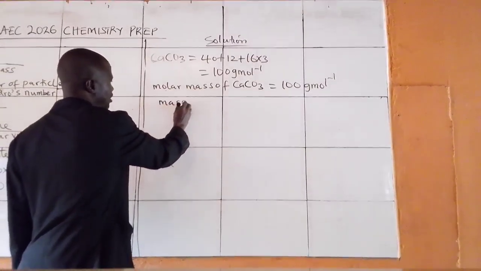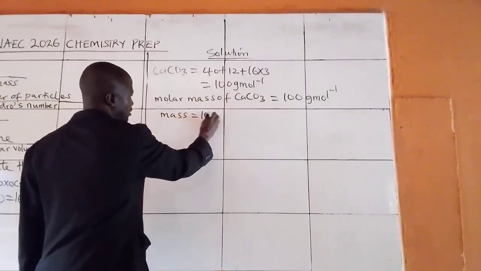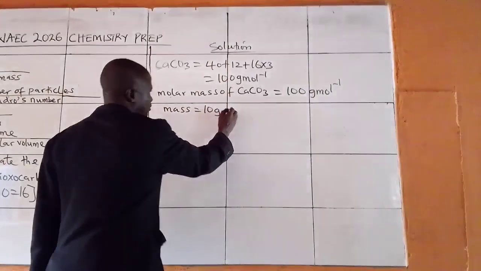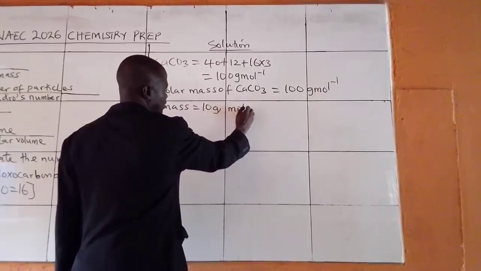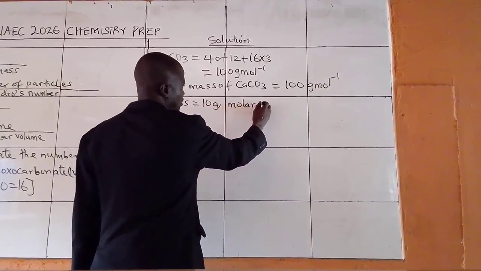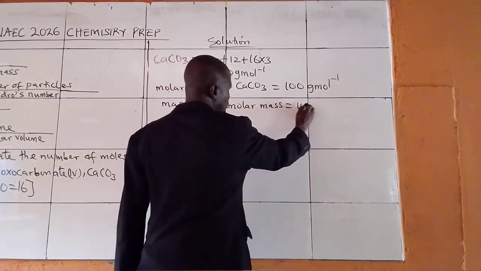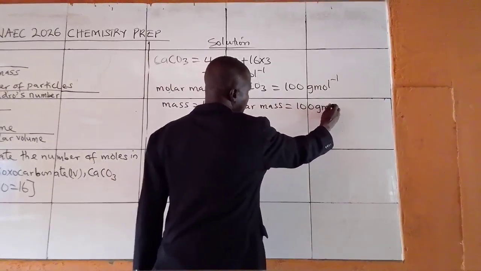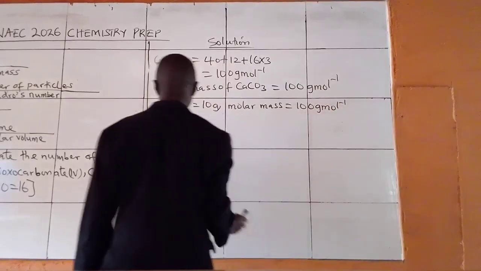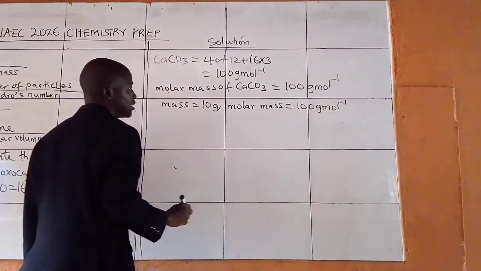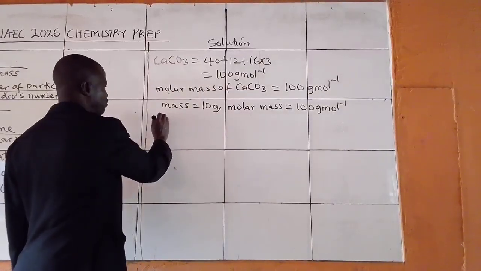So mass is equal to 10 grams, and molar mass, based on the calculation, is equal to 100 grams per mole.